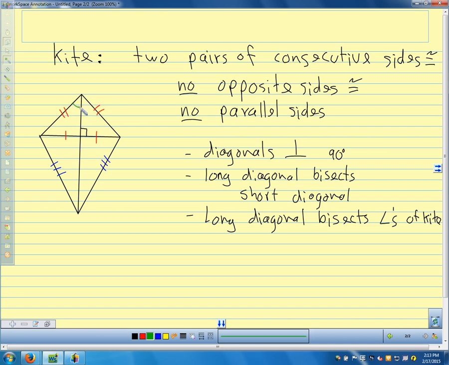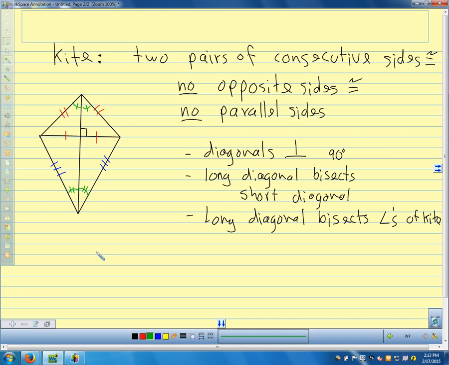So these angles would be congruent, and these two angles would be congruent. So it cuts those angles in half. So those are the special things that happen in a kite.